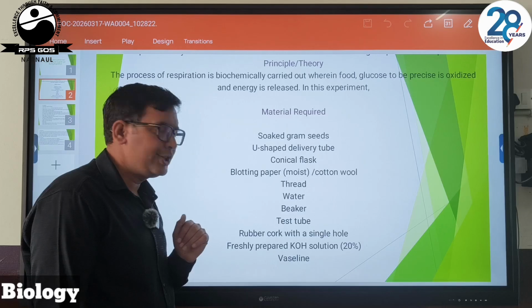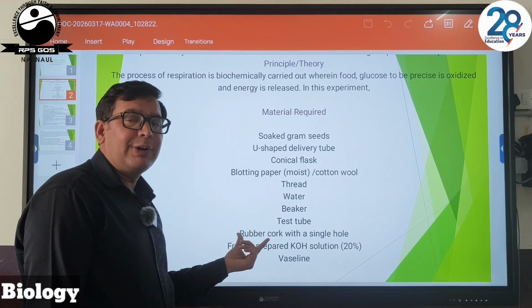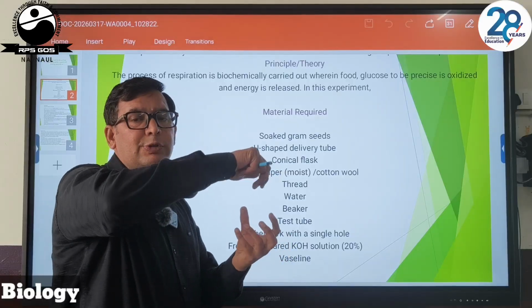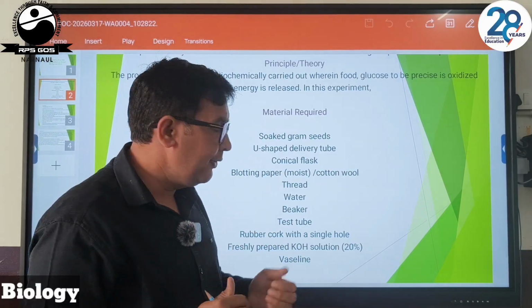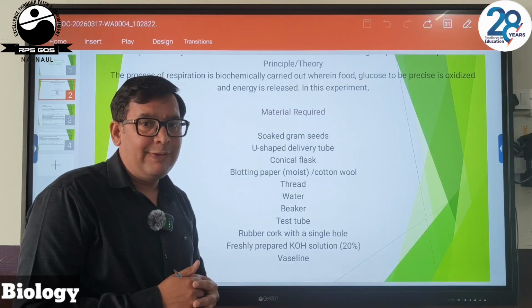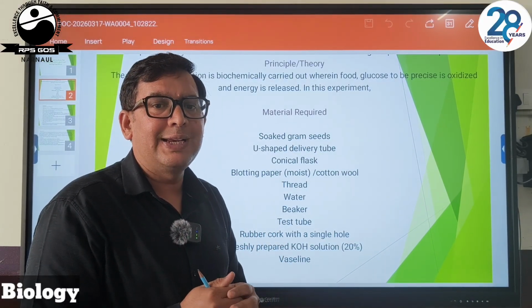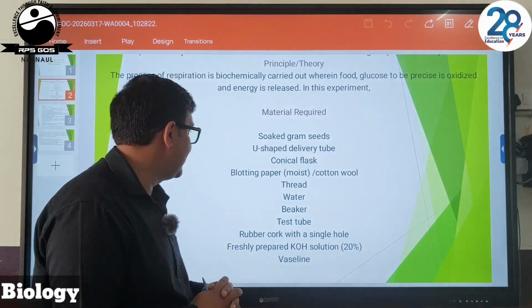Water beaker, test tube, and a rubber cork with a single hole. Here the rubber cork is being used to close the mouth of the conical flask, as we will see in the experiment. And obviously the Vaseline. Vaseline is used to seal the spaces so that there is no exchange of gases.